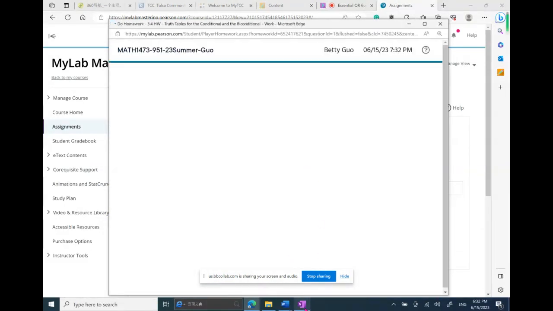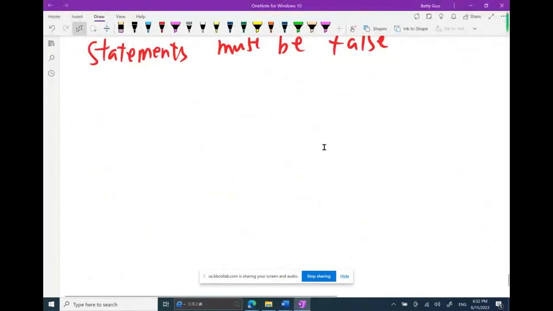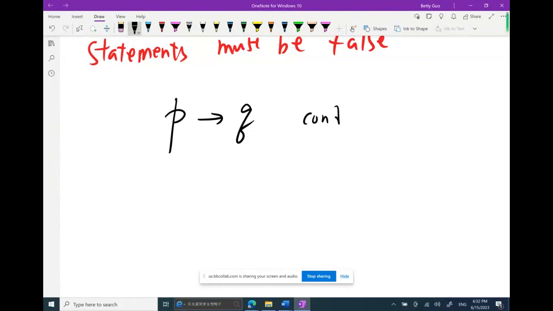I'm going to spend time to explain the conditional. P implies Q, or if P then Q, is a conditional statement. The two component statements in the conditional play different roles, so they have different names.